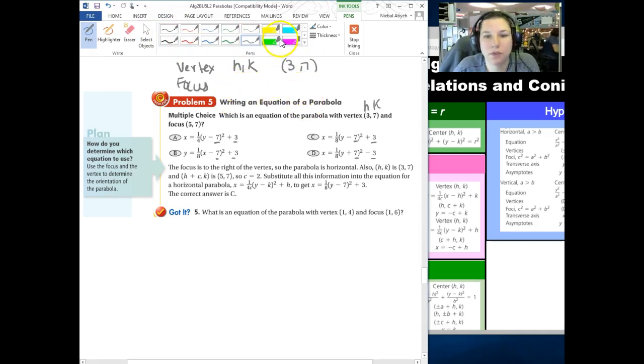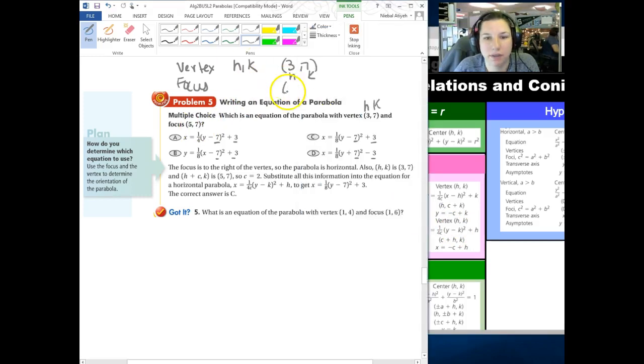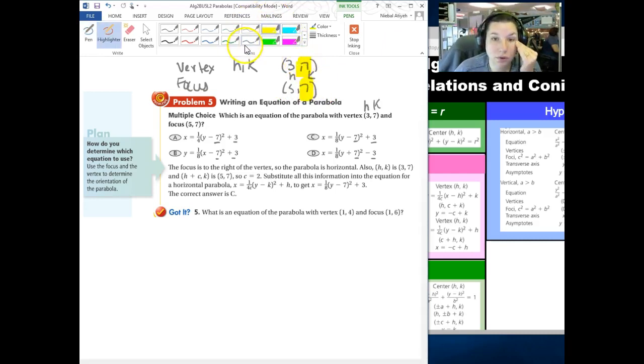So this is h and this is k. And the focus they give us is (5, 7). Notice that the y's are the same, right? This is the 7 and they use that 7 again. So if this is k, this is also k.